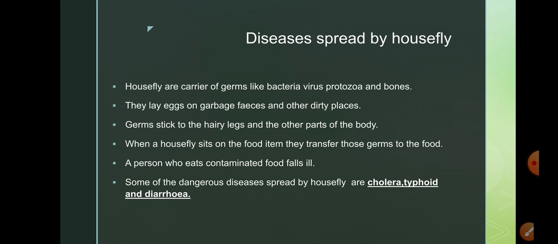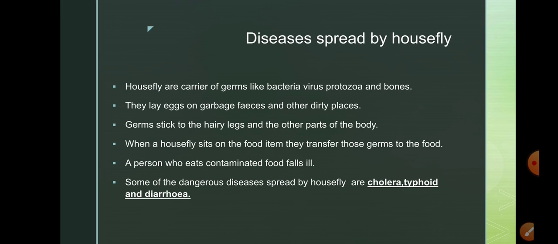They lay their eggs on garbage, feces, and other dirty places. And in this process, the germs stick to their body parts, and when they sit on any food item, they are just carrying the germs from the dirty materials to the food items.